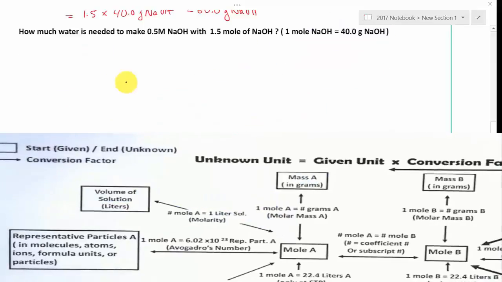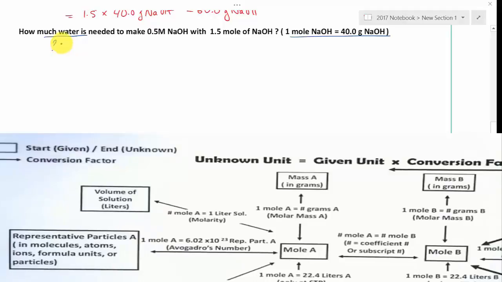Let's try another challenging problem. How much water is needed to make 0.5 molarity of NaOH with 1.5 moles of NaOH? And of course, we are given the molar mass of NaOH. So this is how much water. So that is the question mark. Water. Remember, we need water to make a solution.